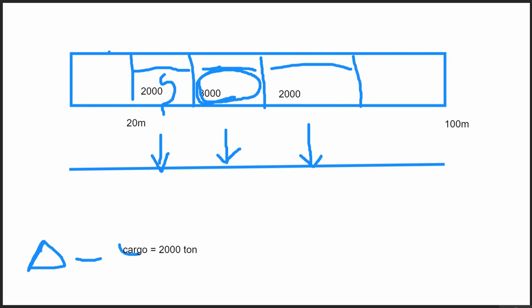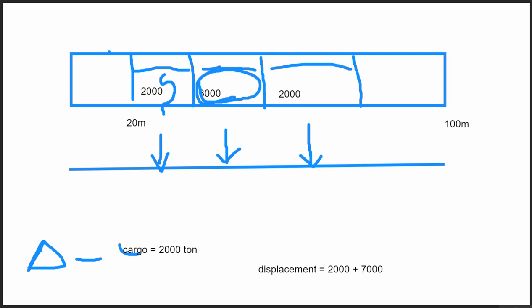You can also say that your buoyancy force equals 9,000 ton in total, or 90 ton per meter, as your vessel has a length of 100 meters.